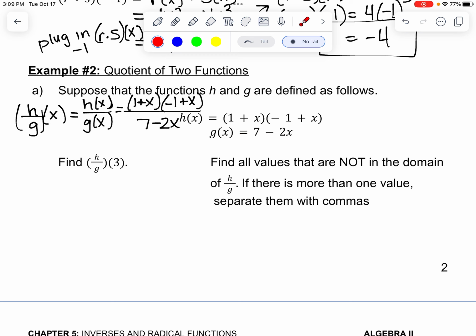This is what h divided by g of x looks like. Now, this is going to help us answer the part that says find all values that are not in the domain.